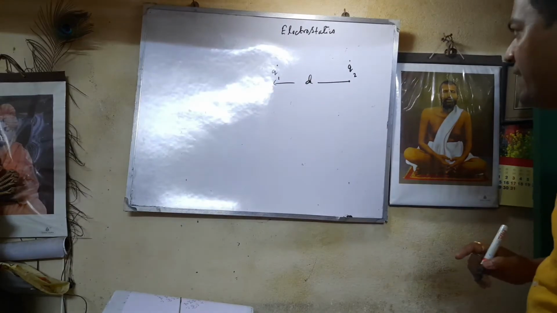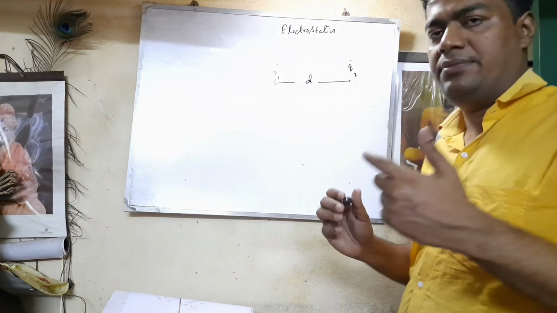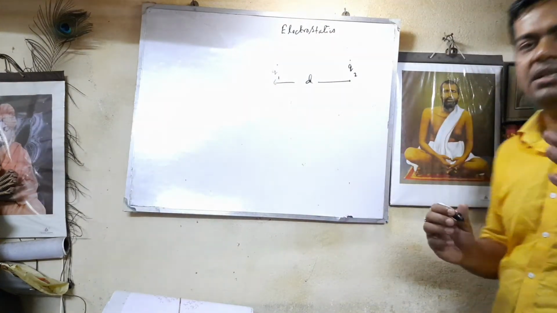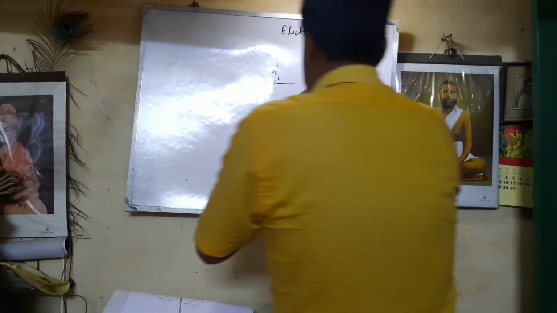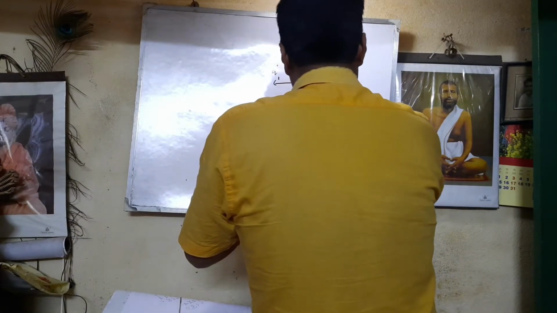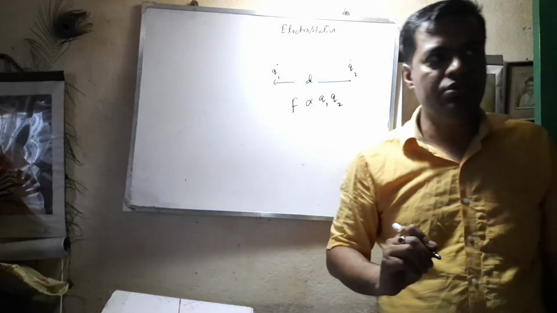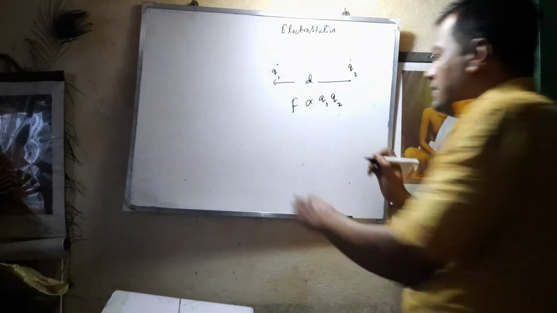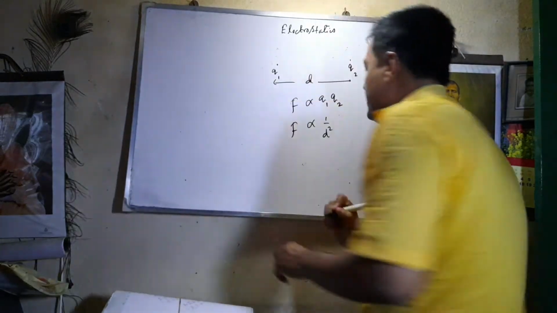If the force of attraction or repulsion, that is the force of electrostatic interaction, is represented by F, then F is proportional to Q1 Q2, and F is inversely proportional to the square of the distance between the charges.